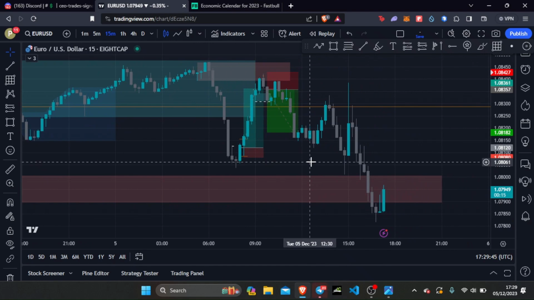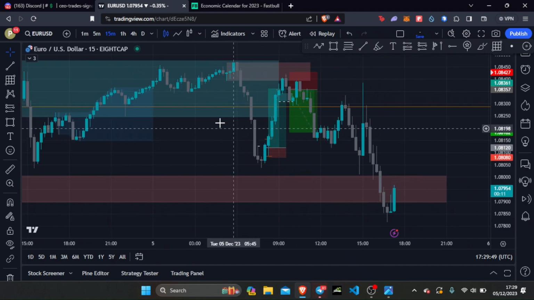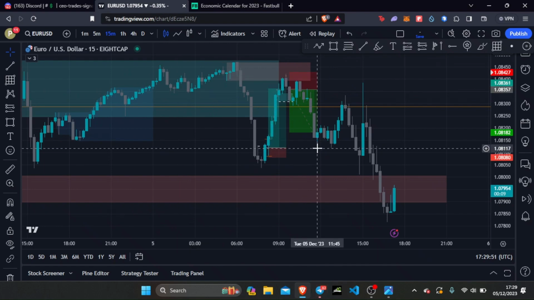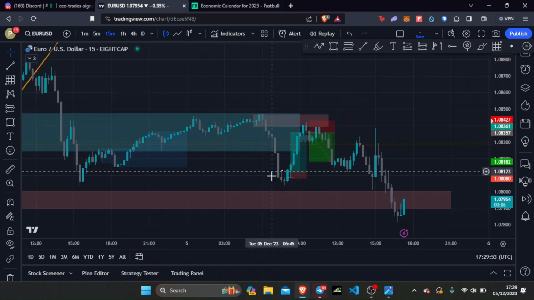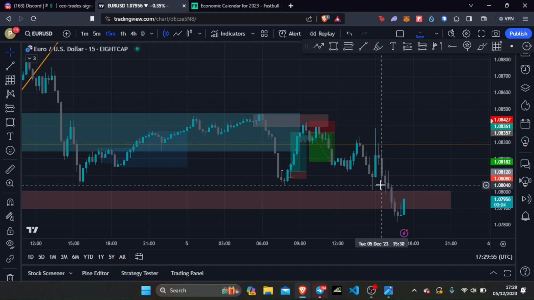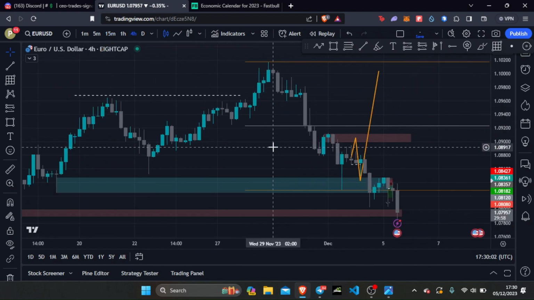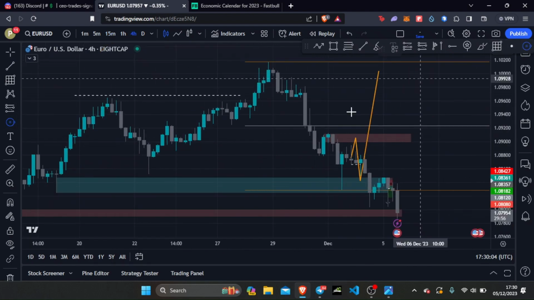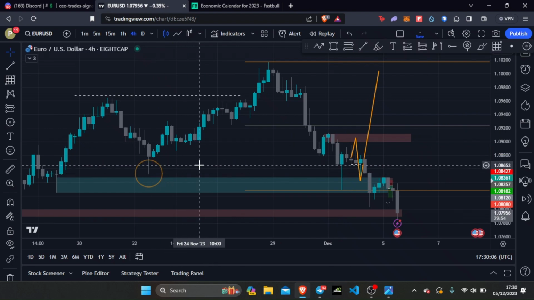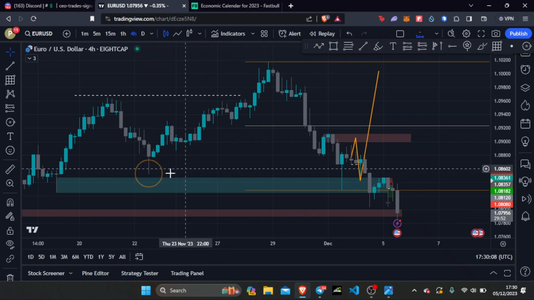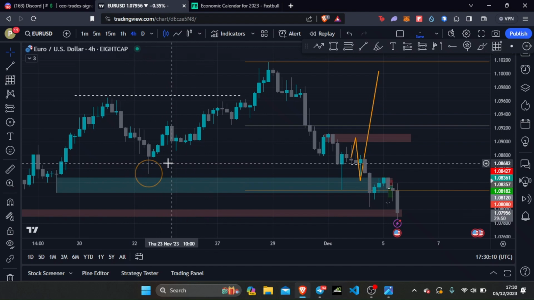So when it comes to trading with the banks and institutions, we have to first understand the reason why the markets move. All of this price action that you're seeing on the chart right here is going from liquidity to liquidity. Now, what is liquidity? Liquidity is simply areas in the market that price leaves behind that the institutions will target because there is a big bunch of orders sat either above it or below it.